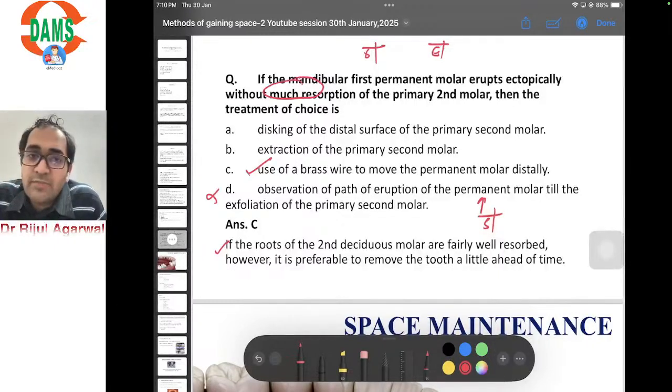So at this stage we need to maintain the space for the eruption of E so that the 5 can erupt in its place without causing any malocclusion. So a very important previous year question, and it can be modified further according to the will of the examiner. So I hope the concept is clear.